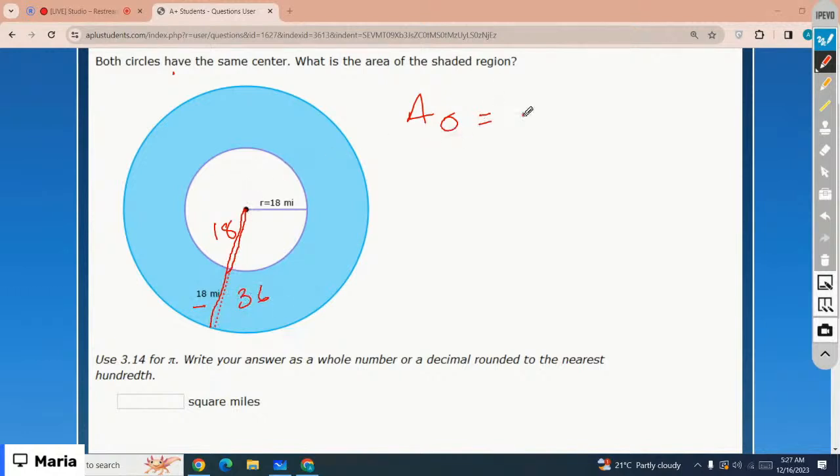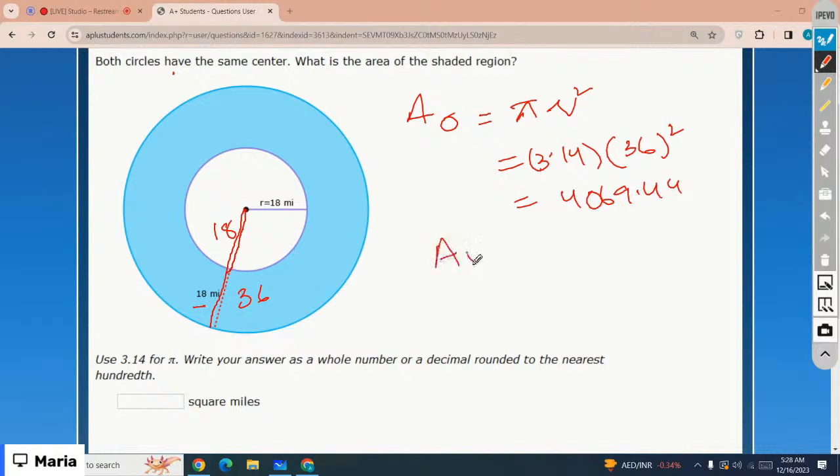You need to use the formula, that is pi r square, the formula you use to calculate the area of the circles, right? So just do the calculations. That is 36 square, that is 4069.44. Same way, calculate the area of the inner one.